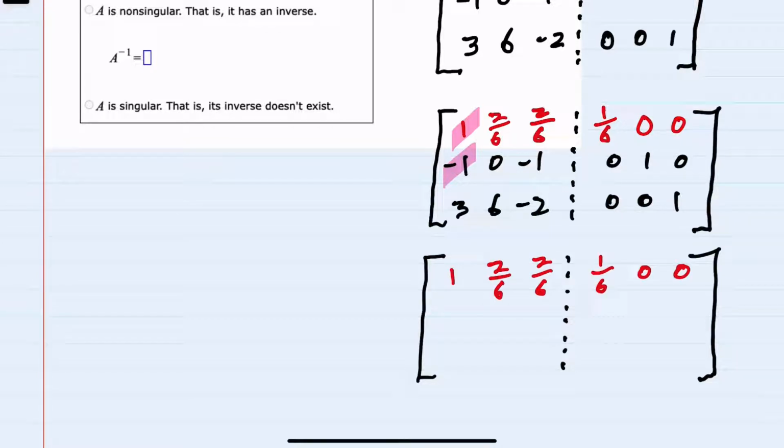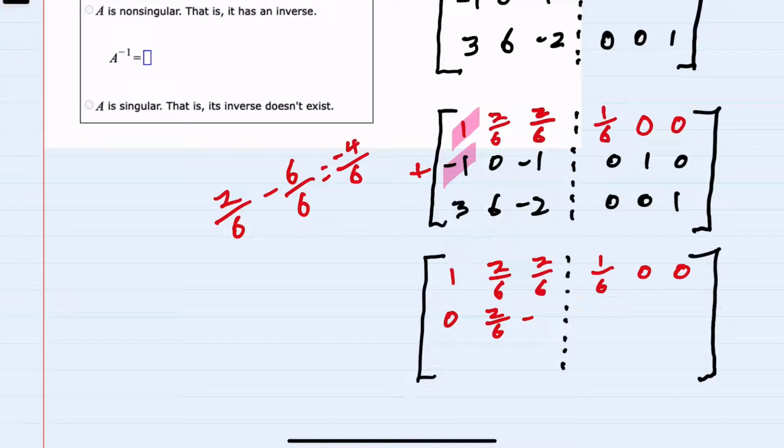Since I'm just adding row 1 and row 2 with no multiplication, to get my new row 2, 1 plus a -1 is 0. And then continuing the addition, 2/6 plus 0 is 2/6. 2/6 minus 1, I can say that's minus 6/6, so that gives us a -4/6 in that space.